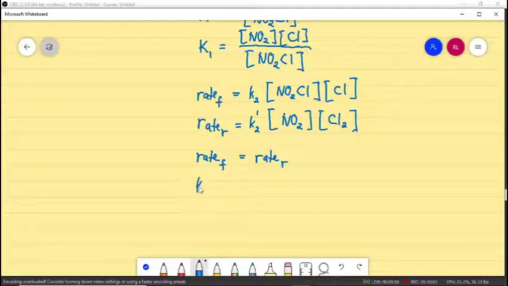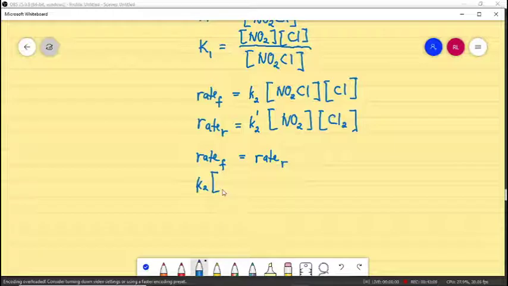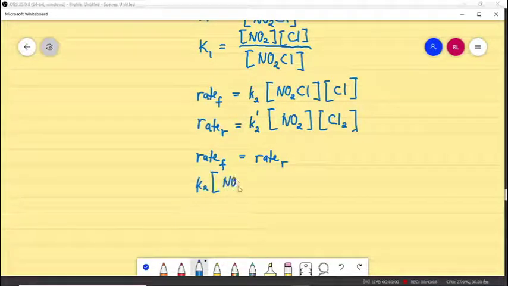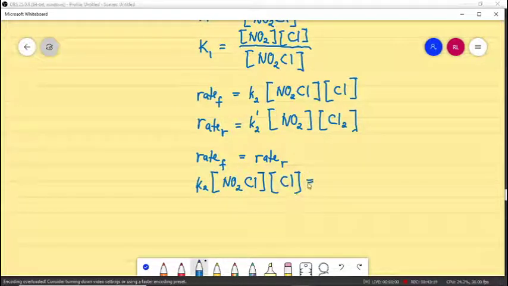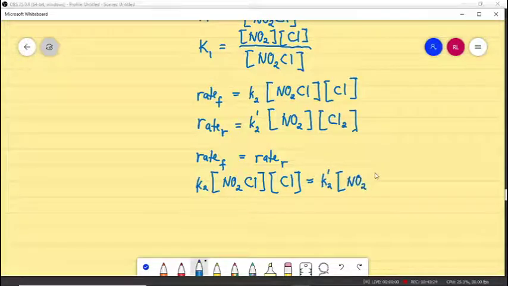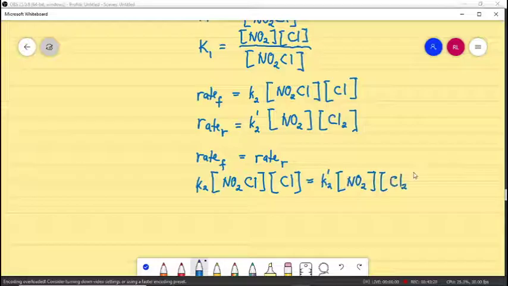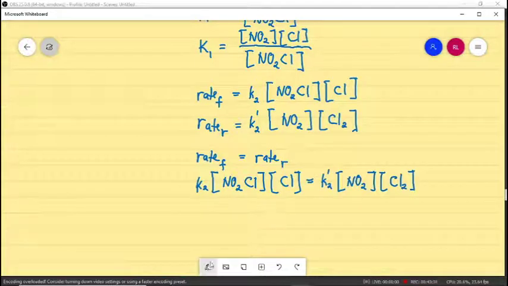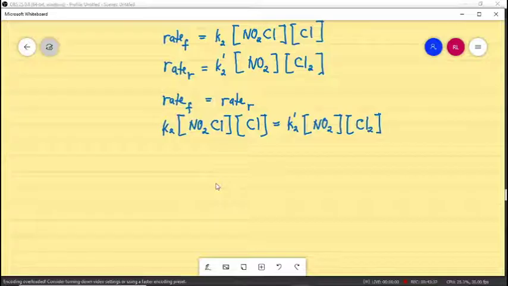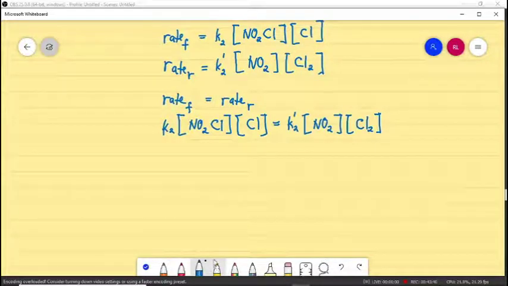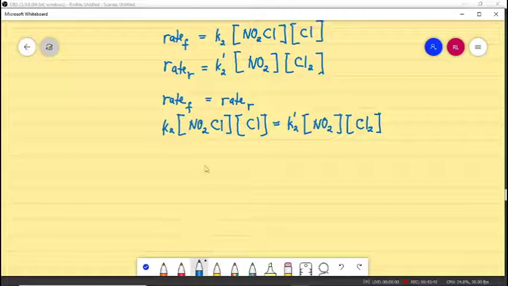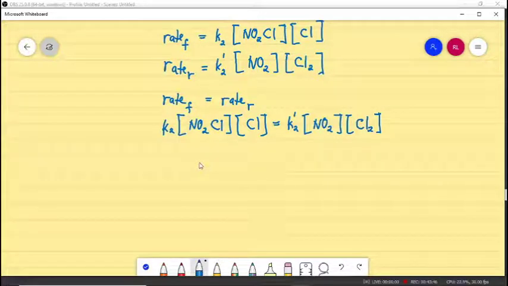So substitute rate of forward reaction is equal to the rate of the reverse reaction, and then let's rearrange the equation.